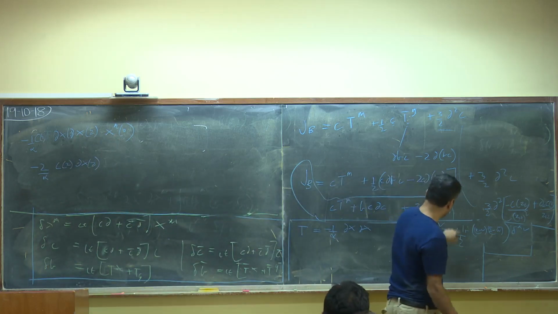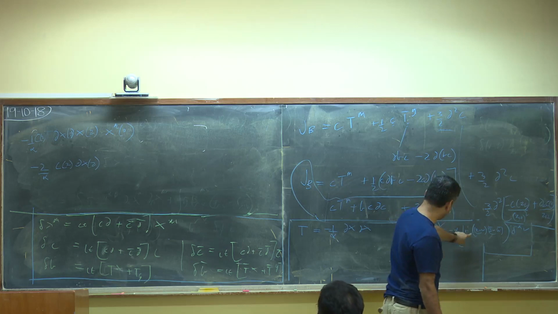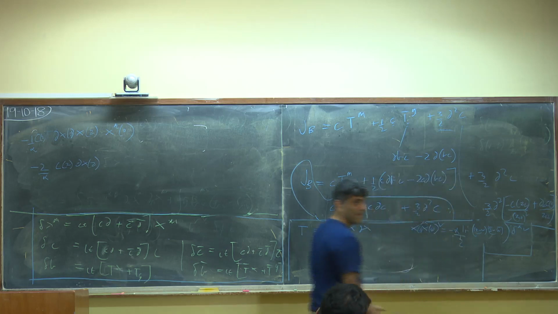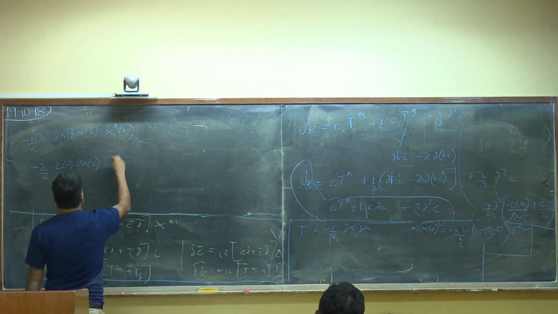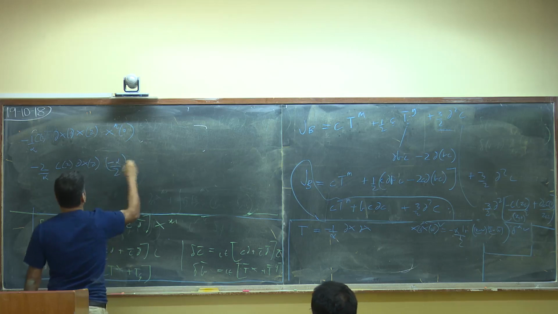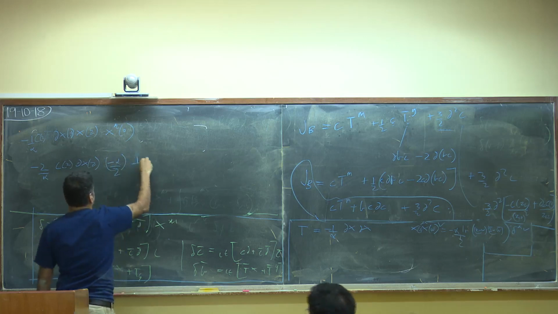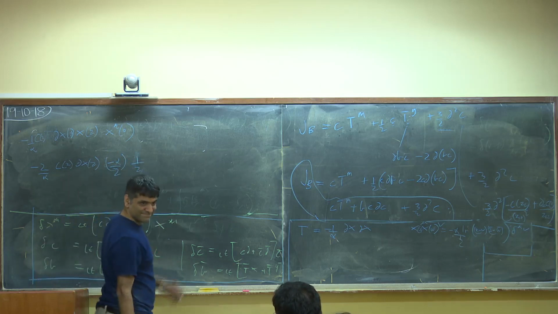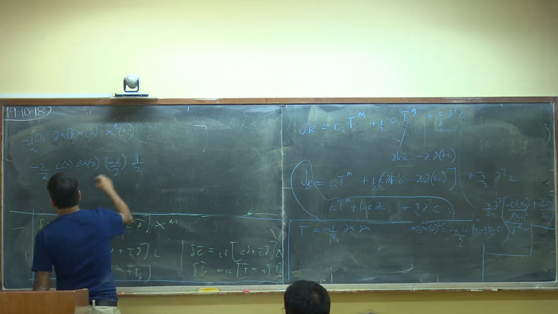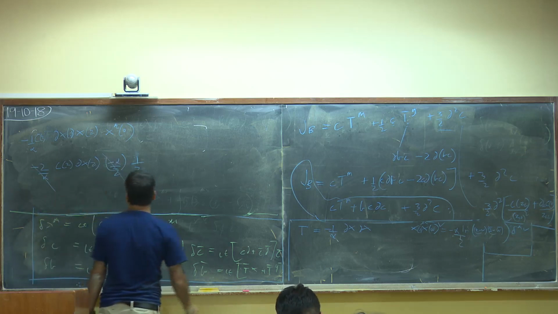There's minus alpha by 2. And then we differentiate. So there is a 1 by z. So minus alpha by 2, minus alpha by 2, and 1 by z. So 2 by alpha minus 2 by alpha cancels.